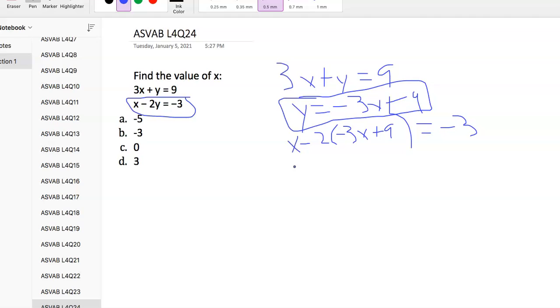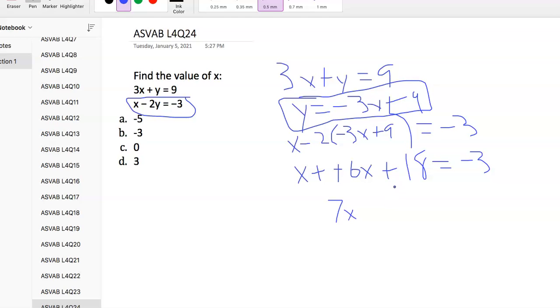Okay, and then we would go x minus 2 times -3x is -6x. 2 times 9 is 18. Okay, so, and then we would have x plus 6x. So we just, right, 2 negatives makes a positive there.